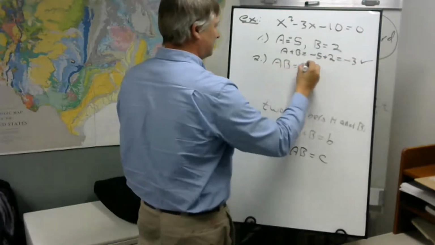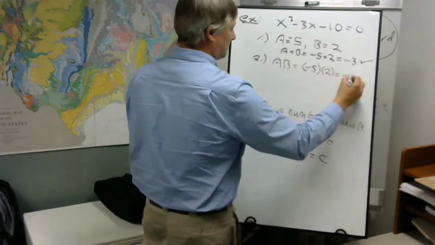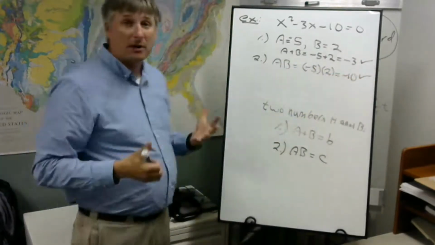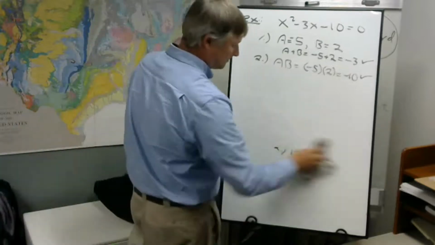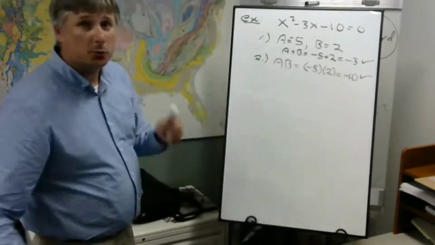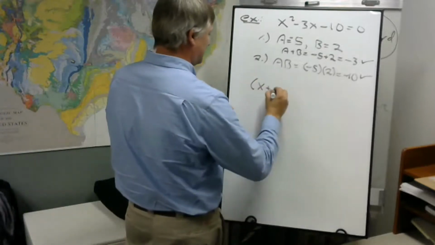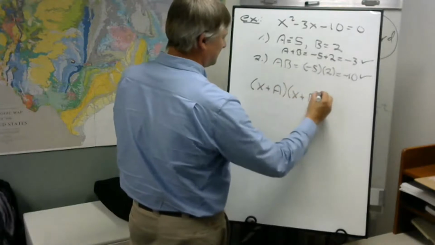So we've got our two numbers. So what this means, we rewrite this as x plus a, x plus b.